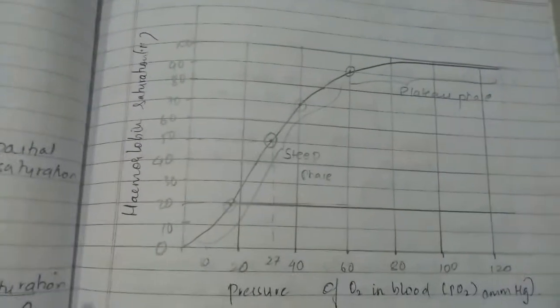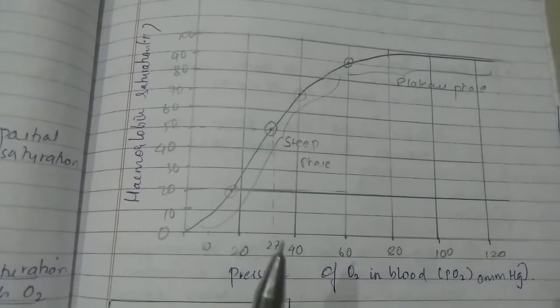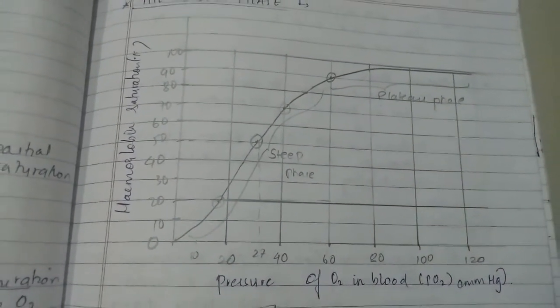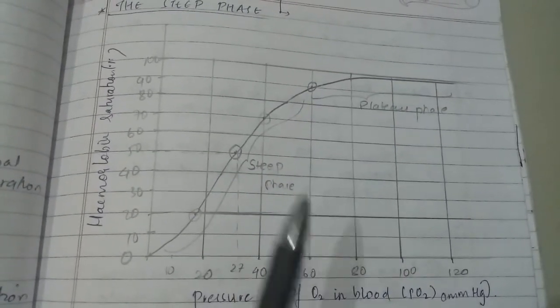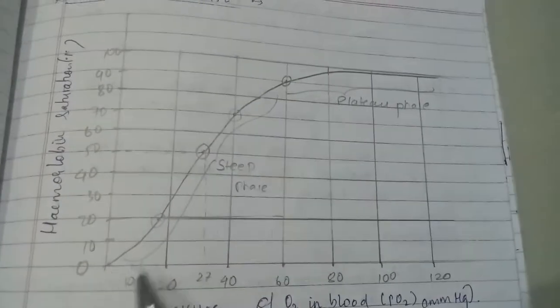Now we know that in the lungs the partial pressure of oxygen is going to increase, right? As it increases, the hemoglobin saturation also increases.